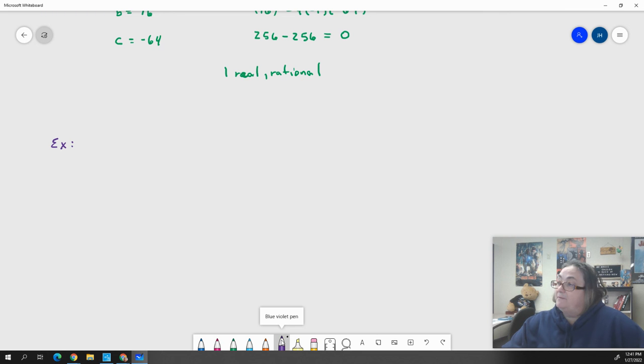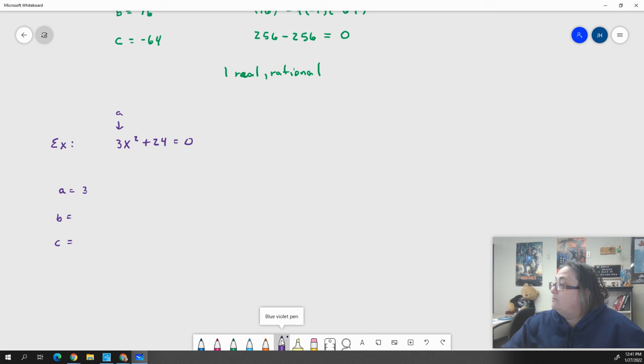What if I have 3x squared plus 24 equals 0? It's set equal to 0, so we should be able to find our A, our B, and our C. Our A is always what is in front of x squared, so that's just going to be 3.